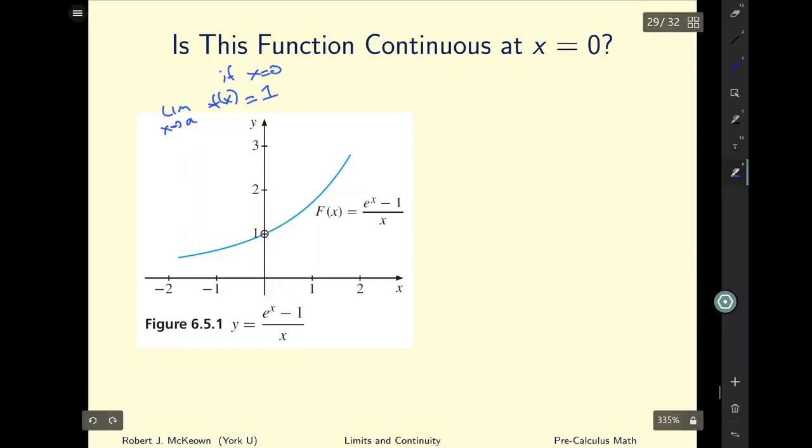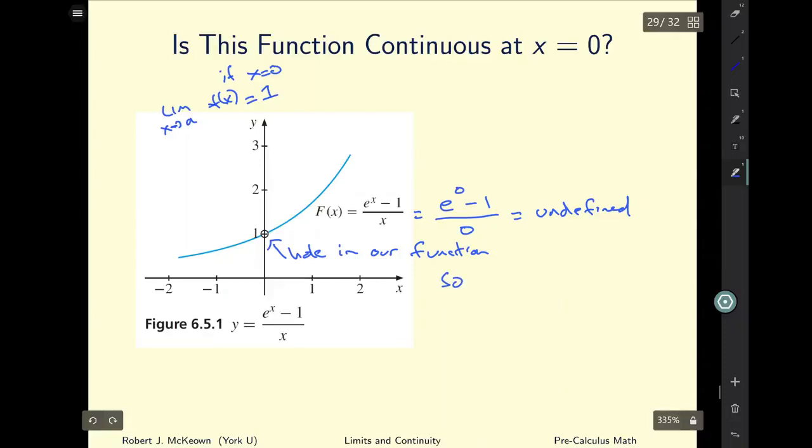And so there was a limit right here. But notice that if we plug x equal to 0 into this function, it's undefined. And so there is a hole. There's a hole in our function.